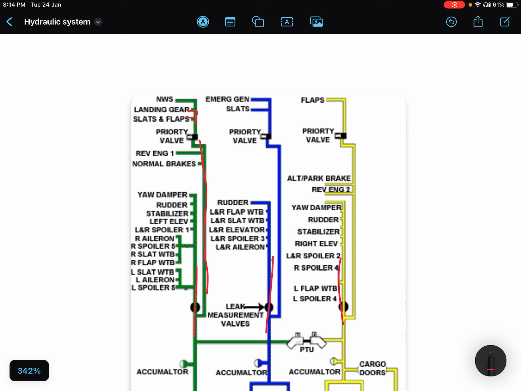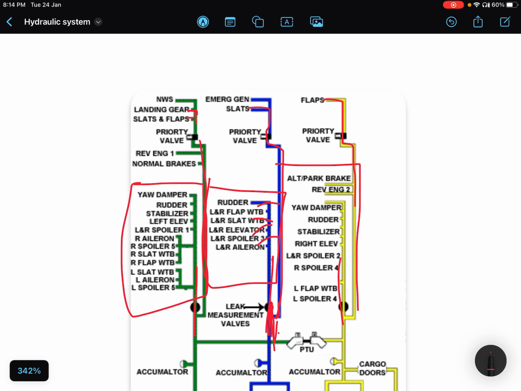Similarly, the yellow system supplies flaps. When the blue system is pressurized, it gives pressure to slats and other control surfaces, lateral and pitch controls. We will discuss them also, and how to remember which flight control is powered by which hydraulic system, right?